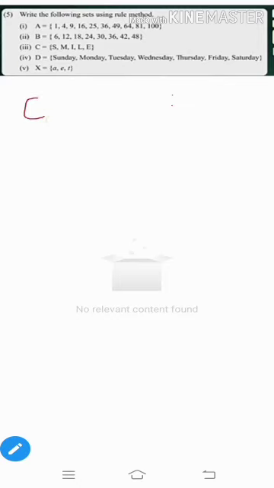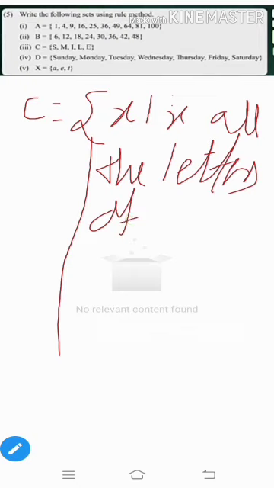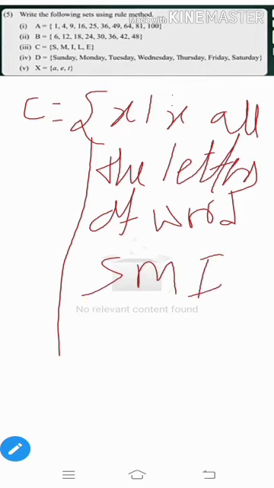Write down C is equal to x such that x is all the letters of the word smile.